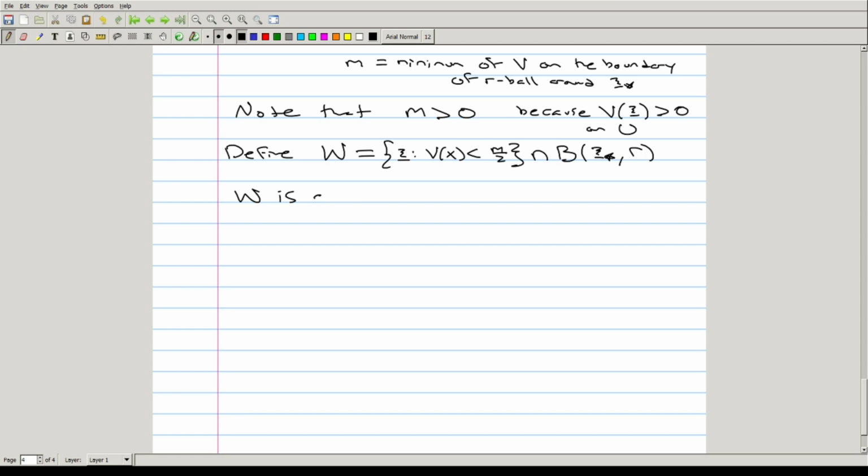W is an open set, and it contains xi star, because xi star is in this set by definition, and this is the intersection of an open set with another open set. Xi star is in this set because V of xi star is 0 by definition.